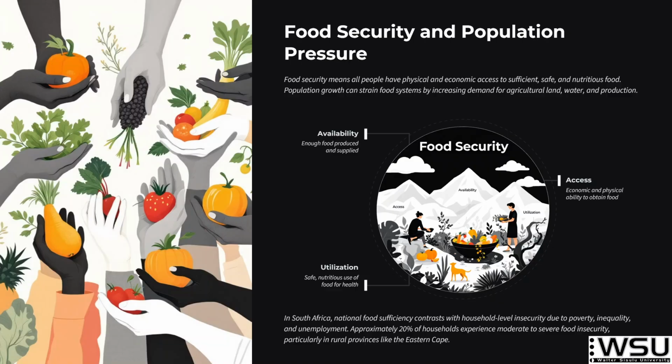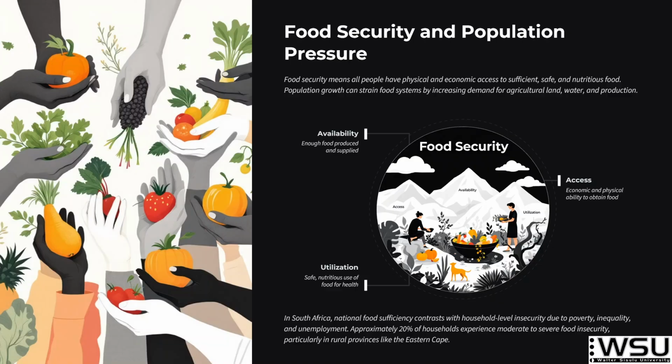However, we need to also think about whether it is really the population growth causing a strain on food systems, or is it because there are people who are not having access to the food systems? When we're thinking about food security, we're thinking about availability: is there enough food produced and supplied?